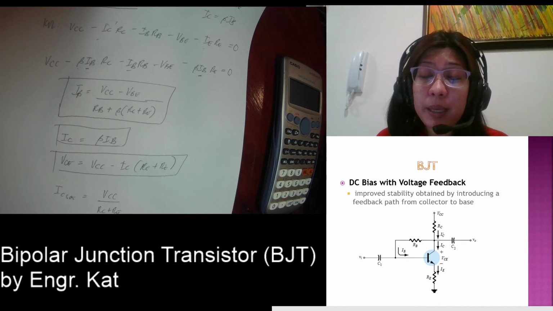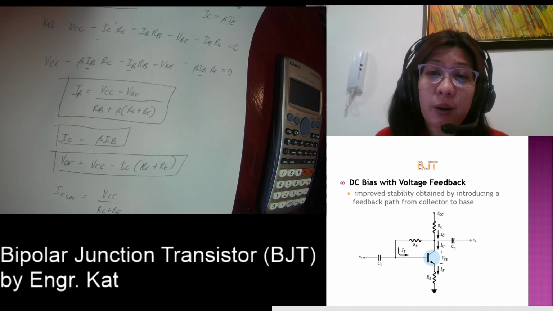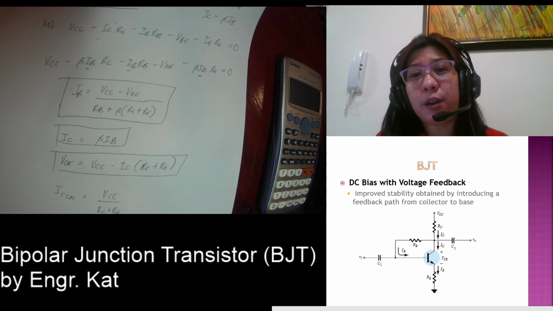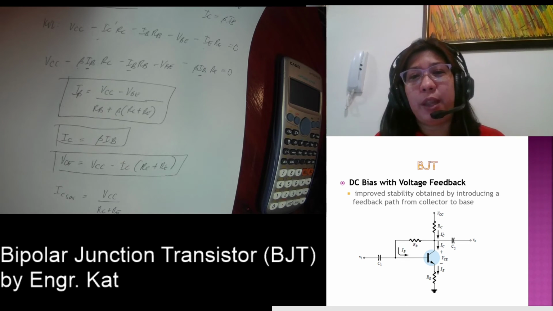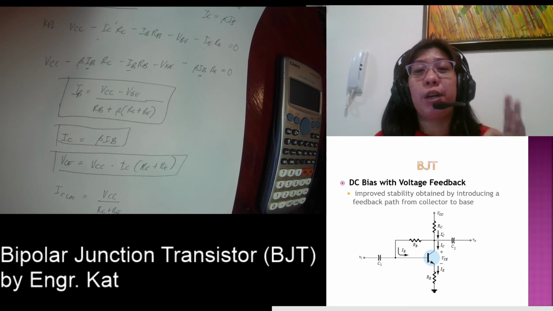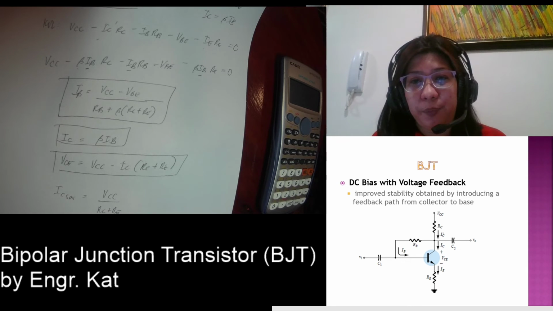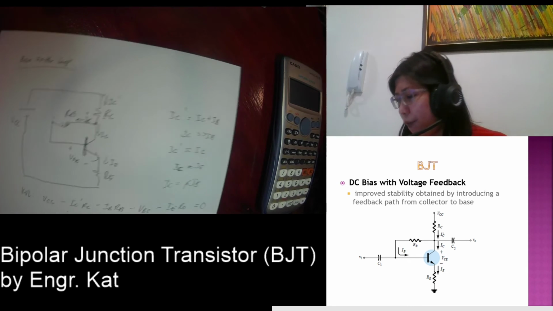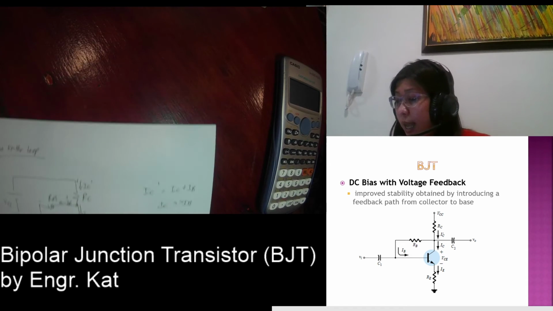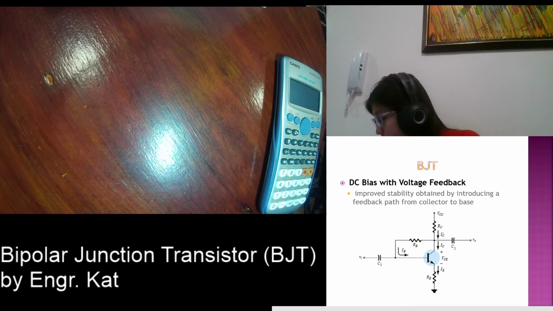After solving for the base current, you can compute for the collector current. And after solving for the collector current, you can compute for the voltage across the collector and the emitter. Okay, so let us see if this will have a good stability.